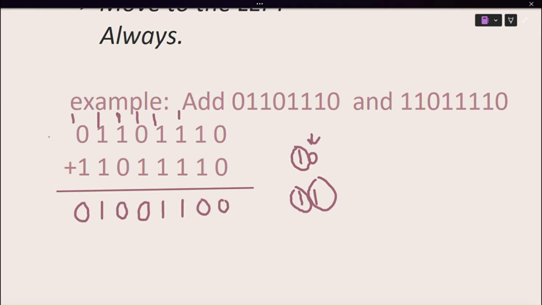However, there are no numbers here to carry, right? So this becomes the overflow digit. Because we are only allowed to have 8 bits here, because this one also contains 8 bits and this one also contains 8 bits. So we can only have 8 bits in our register. The 1 here goes away and gets discarded.